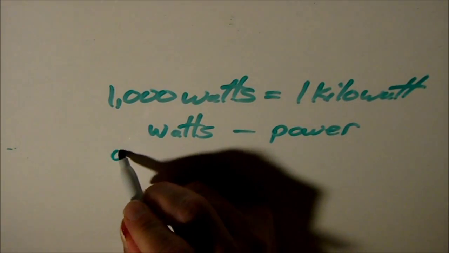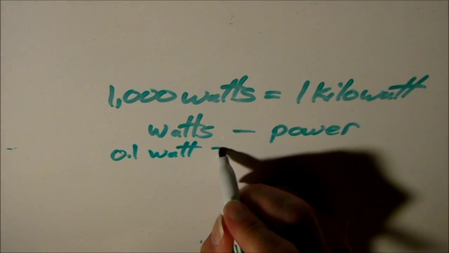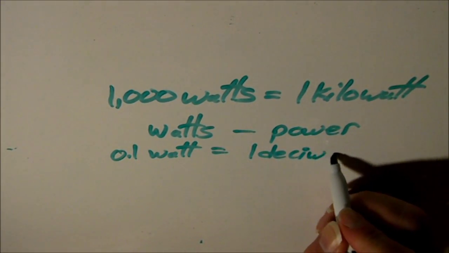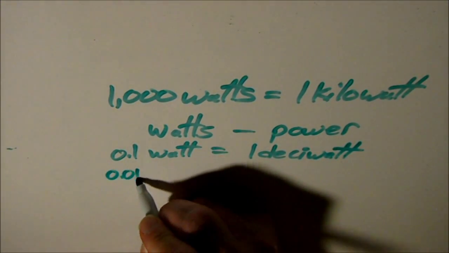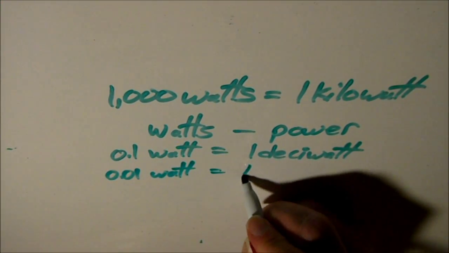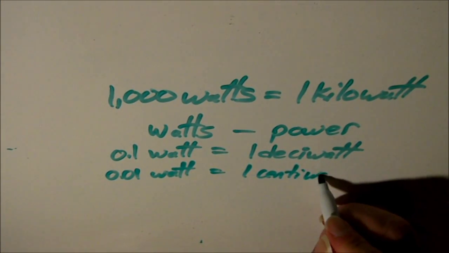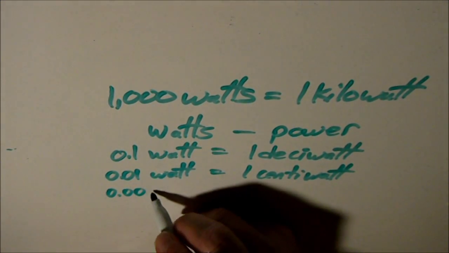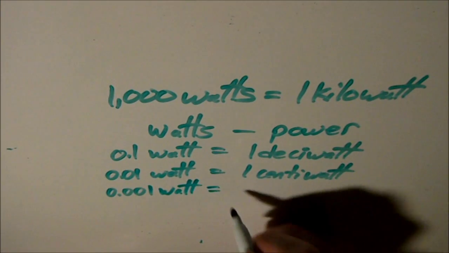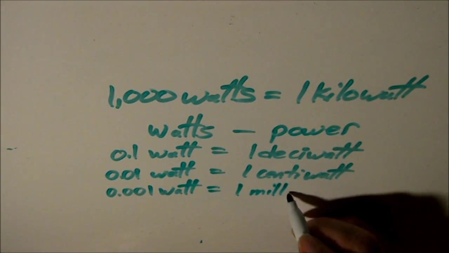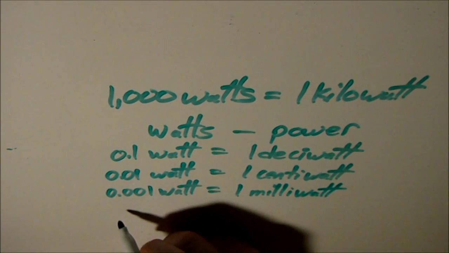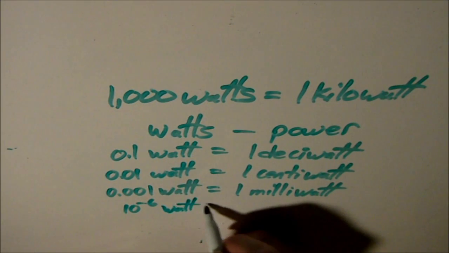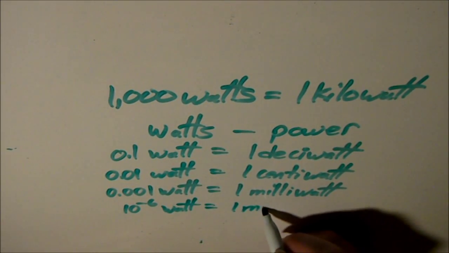Okay? 1/10 of a watt is 1 deciwatt. 1/100th of a watt is 1 centiwatt. 1,000th of a watt is what? 1 milliwatt. And then 10 to the minus 6, which is a millionth of a watt, is 1 microwatt.